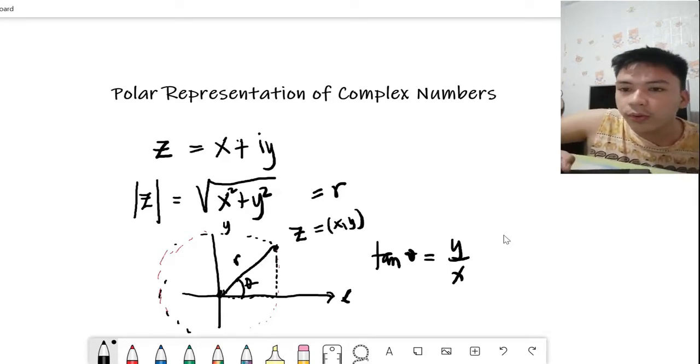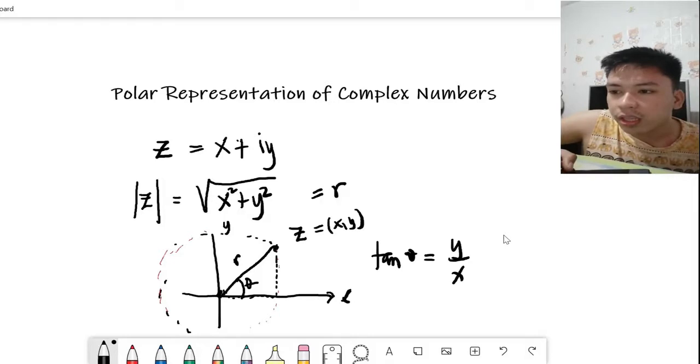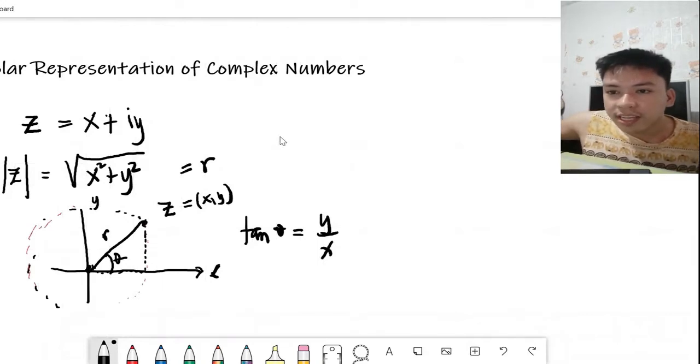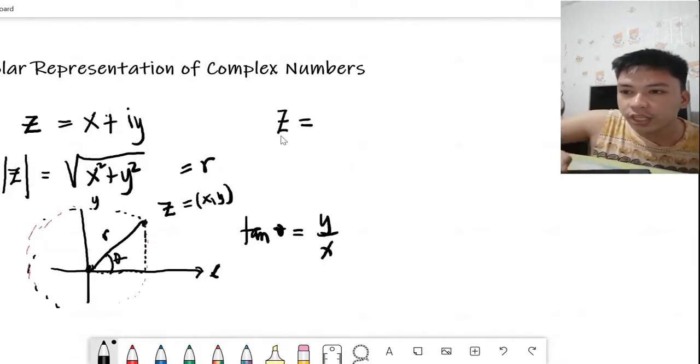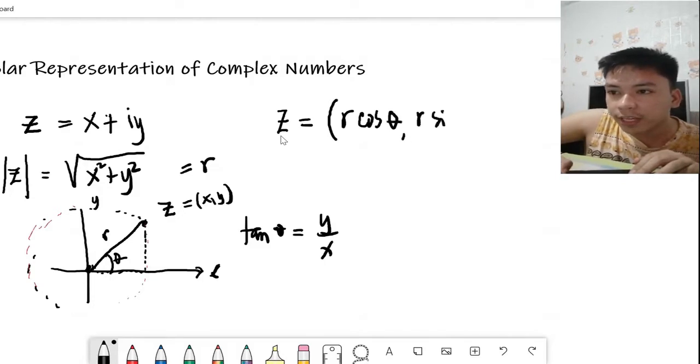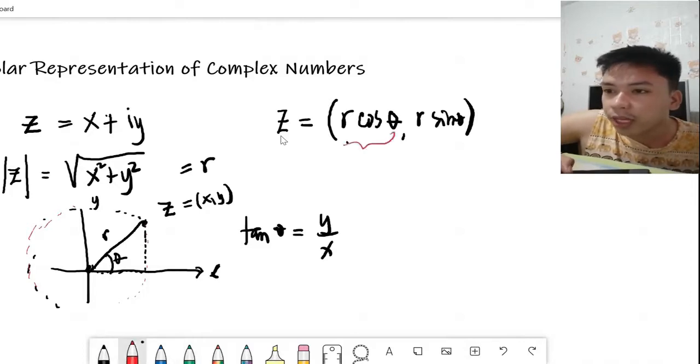Okay, so theta is our direction that makes with the positive x-axis for a given complex number z. Now, since we're talking about the polar representation, our z can be written into a polar form with cosine theta and sine theta, because remember, this will be our x component here, and this is our y component here.